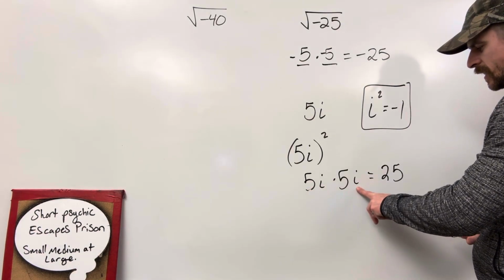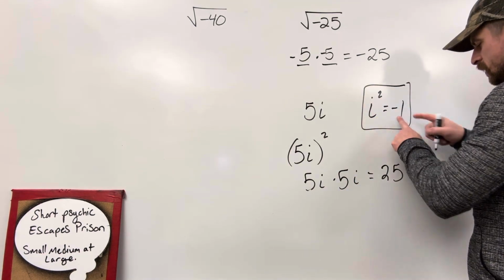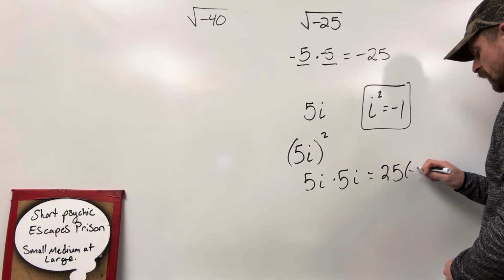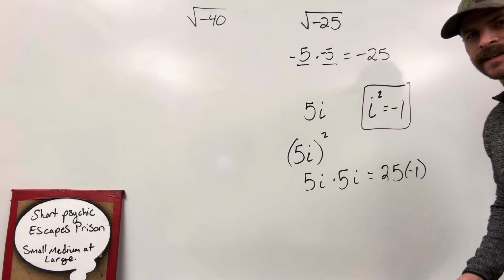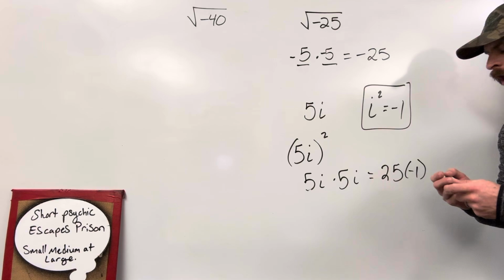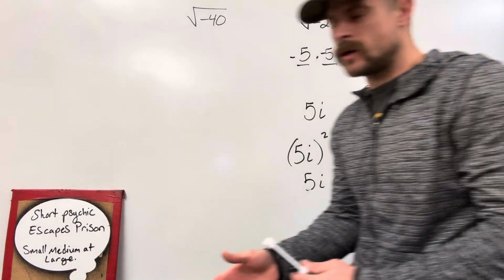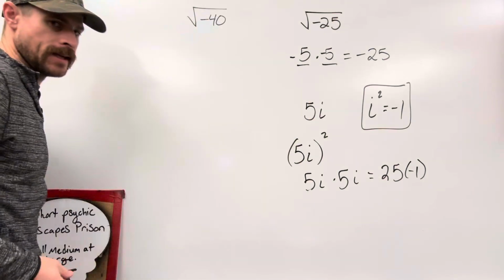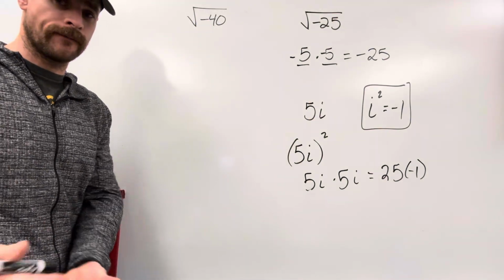What's i times i? Well, isn't i times i squared? So that makes a negative 1. So we're multiplying 25 times a negative 1. And what would that give me? Negative 25. Okay, so all we got to do is just attach an i to the part that the negative radicand is for. So what about when we're dealing with a non-perfect square like 40?